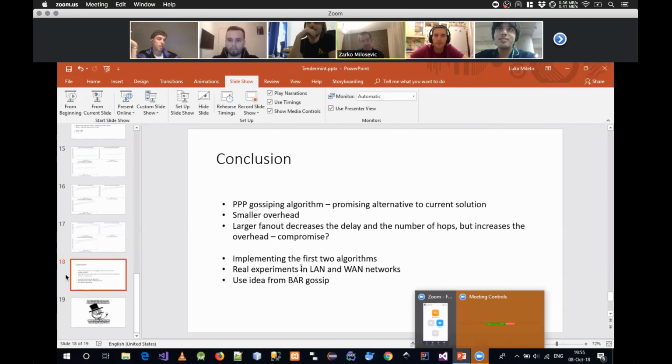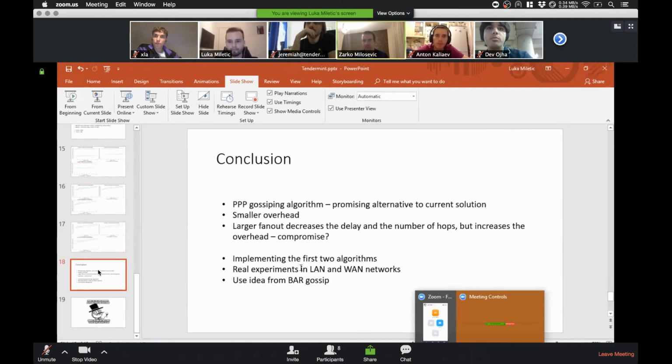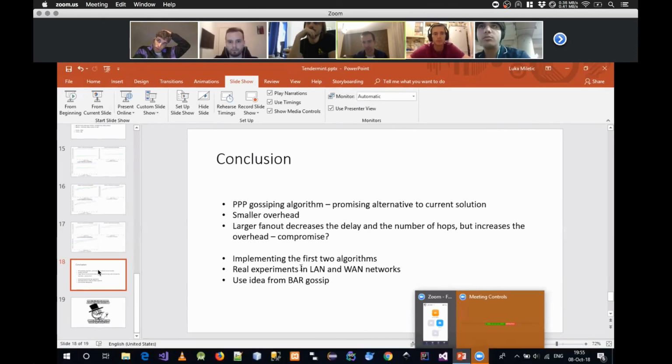Yeah. So BAR is, in essence, very similar to this push-pull-push, because it's also a three-way protocol. The difference is that it has cryptographic security. These algorithms in general are not really designed for a Byzantine fault-tolerant model, and so, like Anton said, for example, tree-based ones are known not to behave well in a faulty environment.